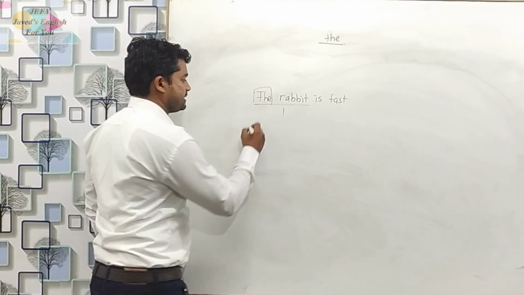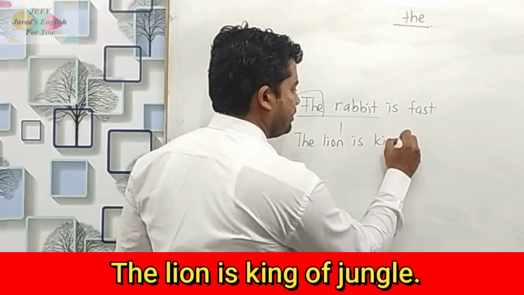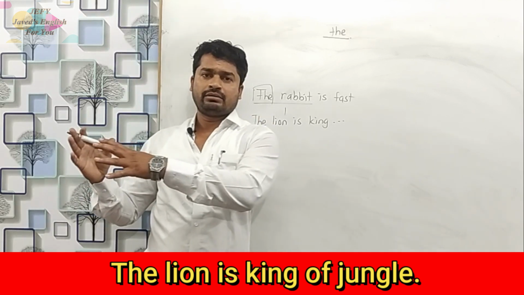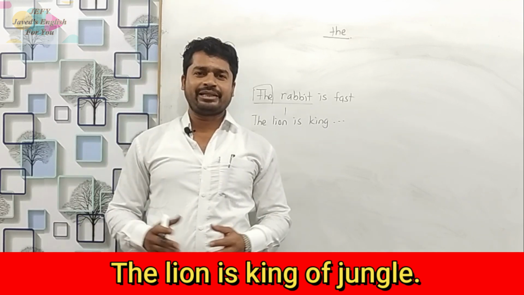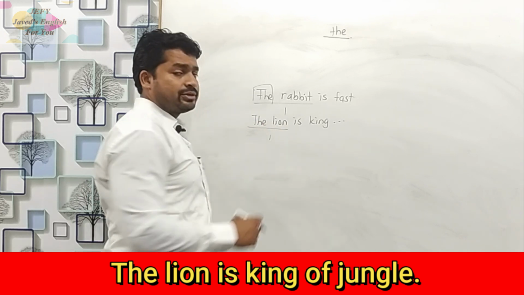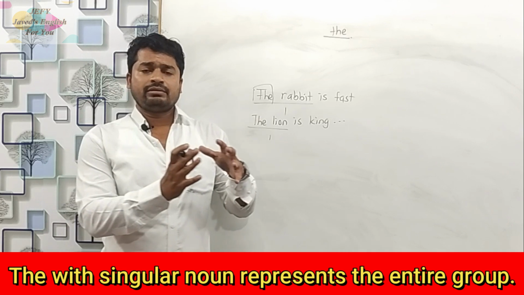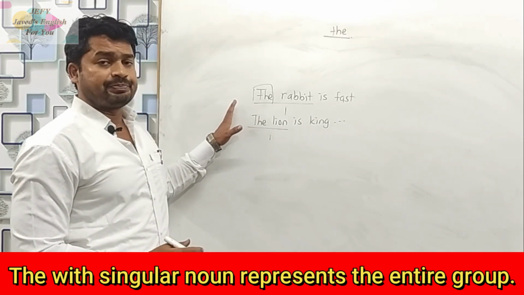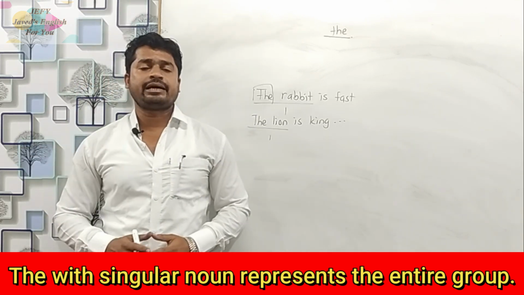In the same way, if I say the lion is king of jungle, so here I do not mean there is only one lion who is the king of the jungle. Okay, like Simba. No, I don't mean that. The lion here is a singular noun, but it represents all the lions present in the world. So whenever you mention a thing, an object, but before you use the, then that is going to represent the entire class, the entire group.